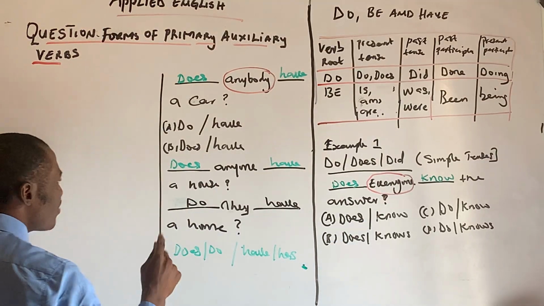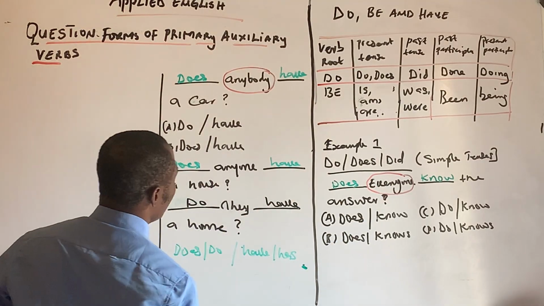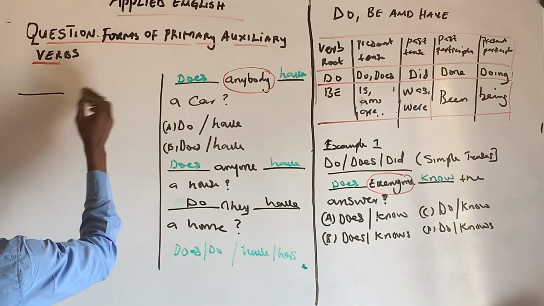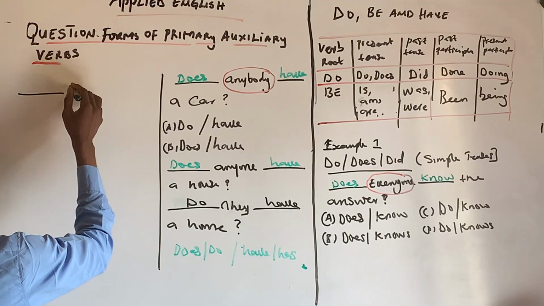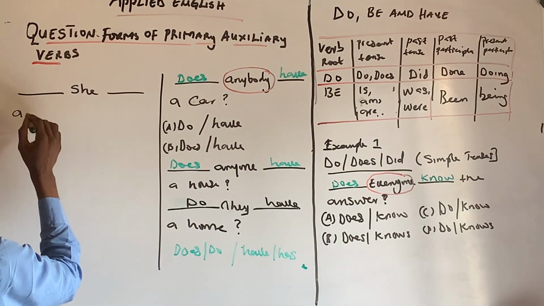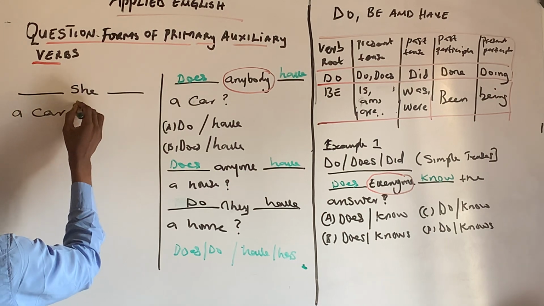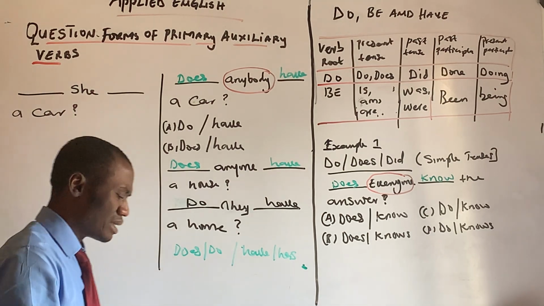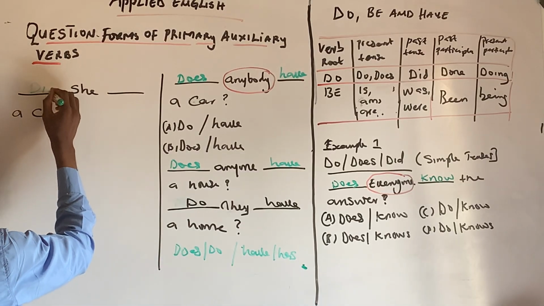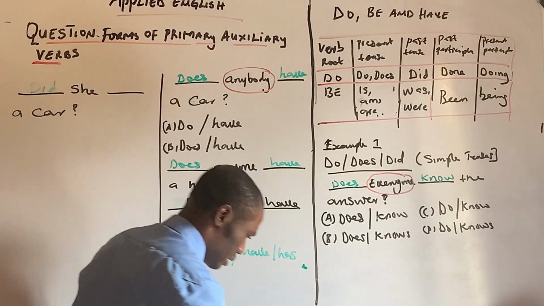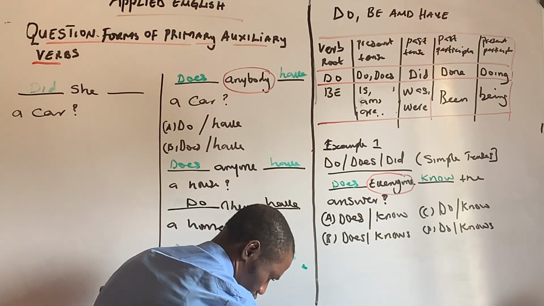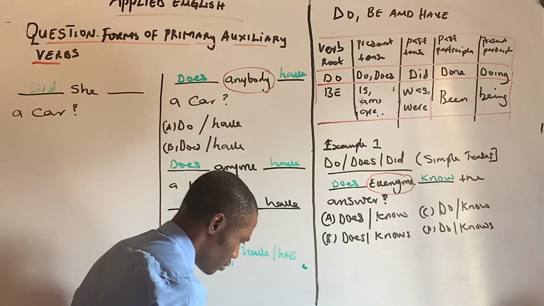All right. Now let's give another one with the past tense. The past tense: dash, she, dash, a car. All right, look at this question. We are using the past tense did.